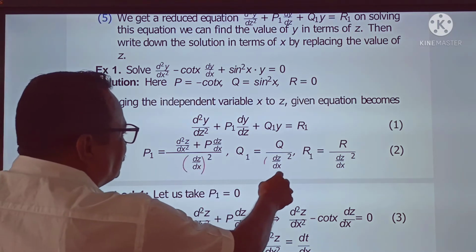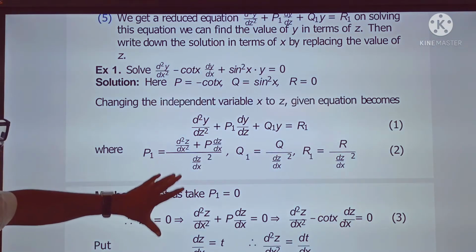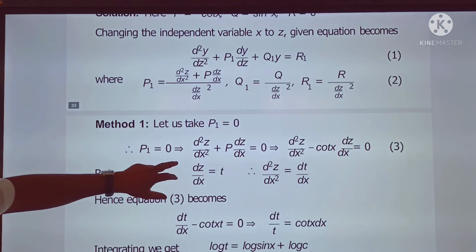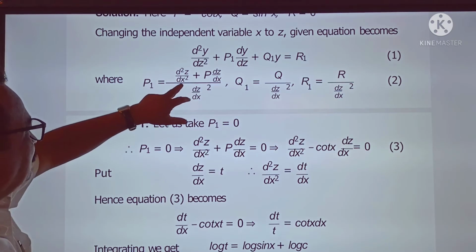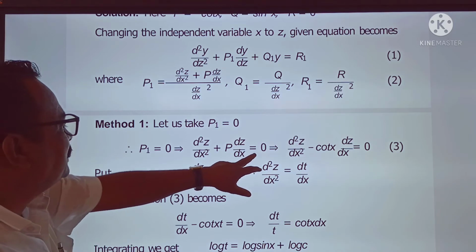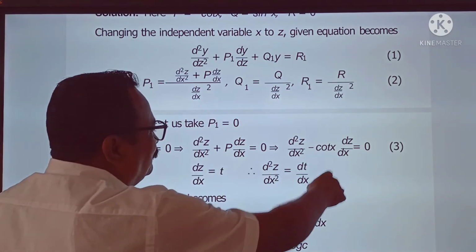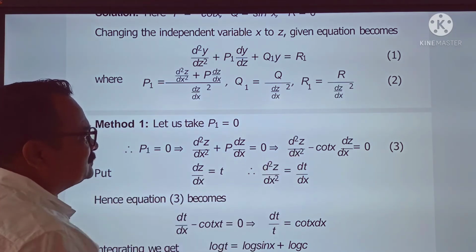This is dz by dx bracket square. Okay, now first method, let us take p1 0. If we take p1 0, then the numerator is 0, d2z by dx square plus p into dz by dx is 0. Okay, so simplifying, substituting p, that is p is minus cot x.